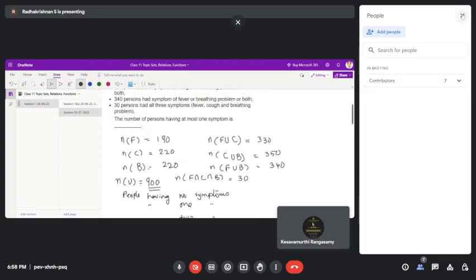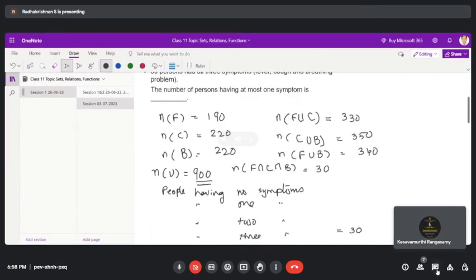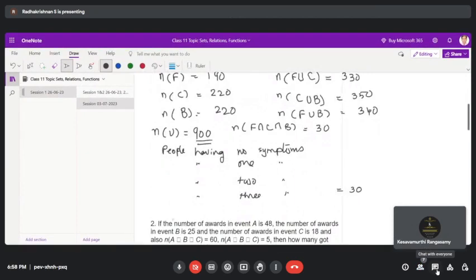So what is being asked? Number of persons having at most one symptom means what? Let us say this is P, Q, R. At most one means maximum one, that means 0 and 1.